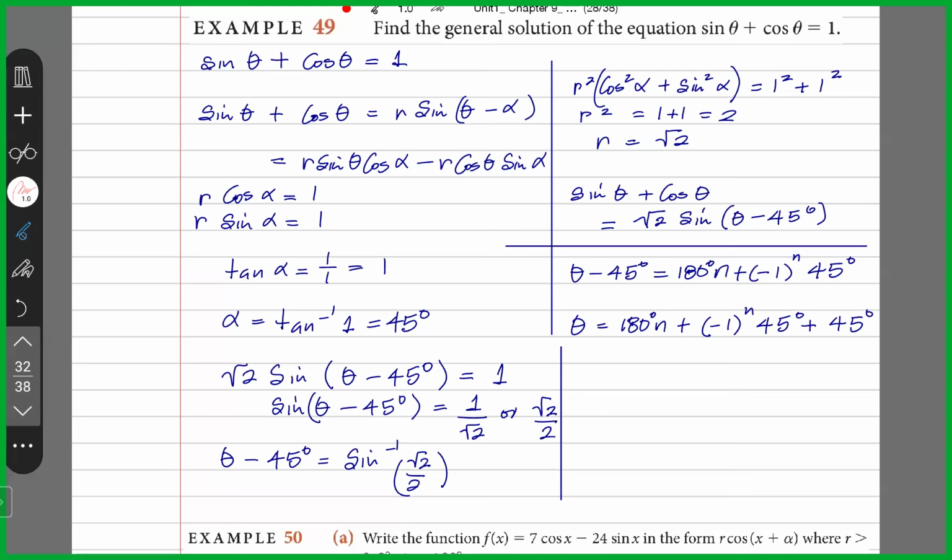All right, so maybe we actually should have split this up into when n is odd and when n is even.